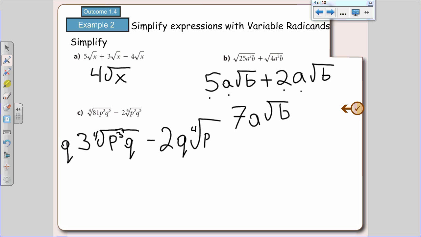This one works out. We have pq times q on the inside, which means we have like terms, which means we can combine them together. 3q times all that junk minus 2q times all that junk is just 1q times all that junk. q times the 4th root of pq.